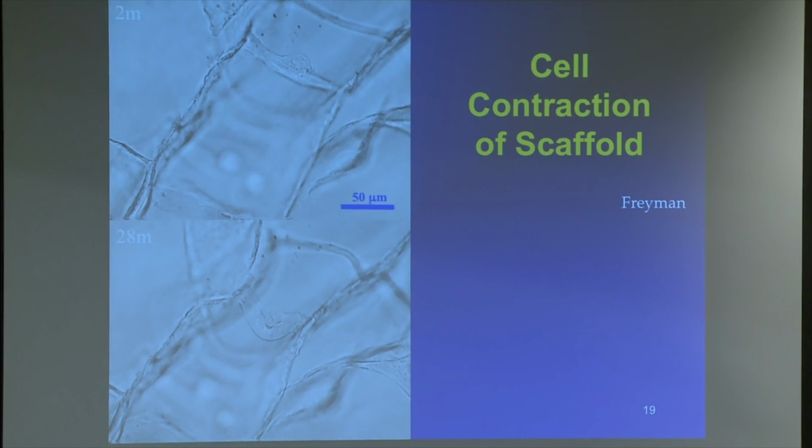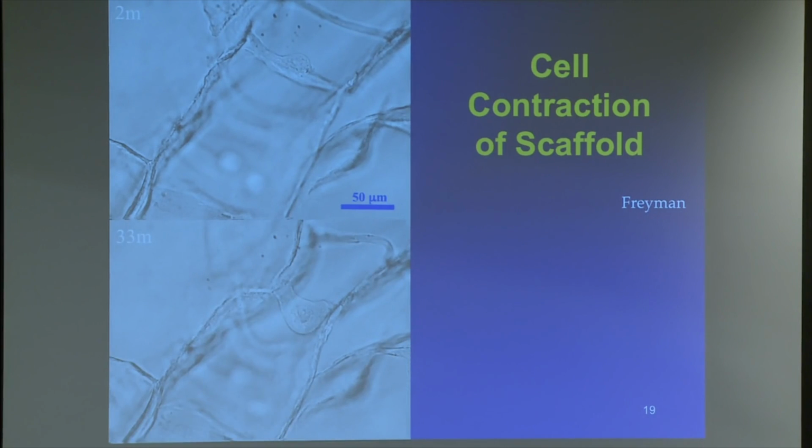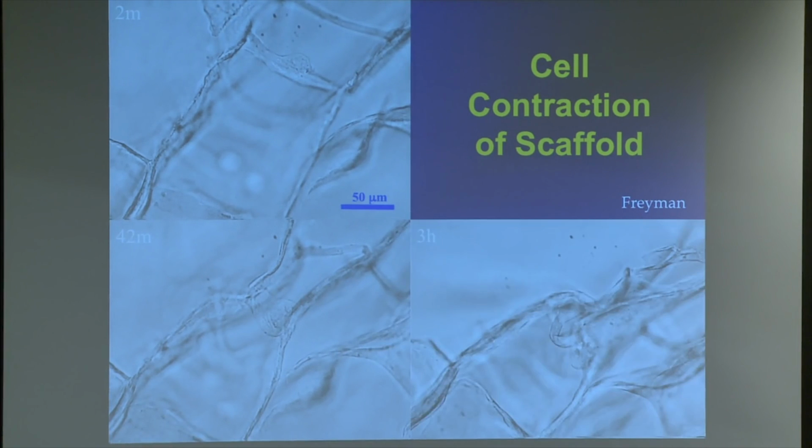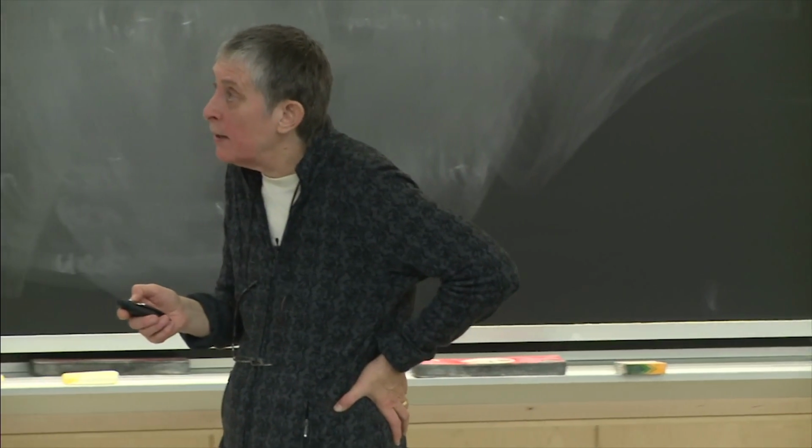And you can calculate what forces the cell must be imposing on the scaffold by knowing something about the geometry of the struts and how the cell's attached. And then it keeps going a little bit more. So we'll talk more about that. And then there's a final picture down here where you can see the two points up here and down here have now been brought pretty much right together. So we'll talk about that in a bit more detail.